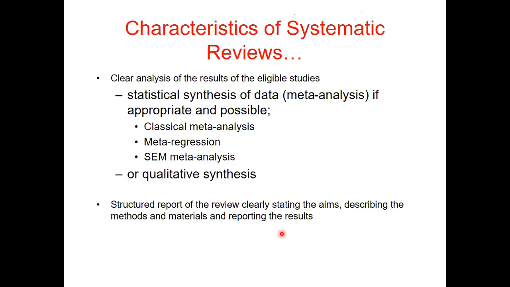There's the classical meta-analysis, then there's meta-regression, and there's structural equation modeling meta-analysis. All these are ways of quantifying the results that you get out of your systematic literature review. So you can decide to use your systematic literature review for different purposes, as we shall see later.